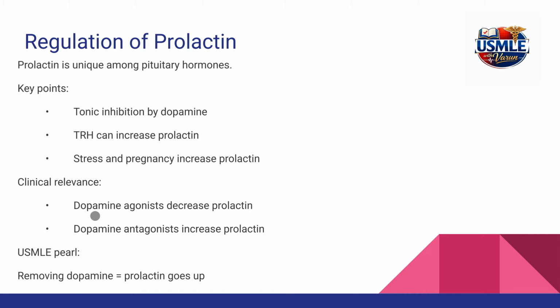I've already told you that dopamine is nothing but prolactin inhibiting factor, PIF. So when dopamine agonists are used, it leads to decreased prolactin. When dopamine antagonists are used, it leads to increased prolactin because of the reduced or antagonized inhibitory effect of dopamine on prolactin. So removing dopamine means prolactin goes up.